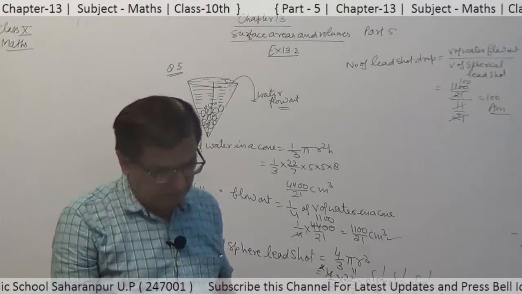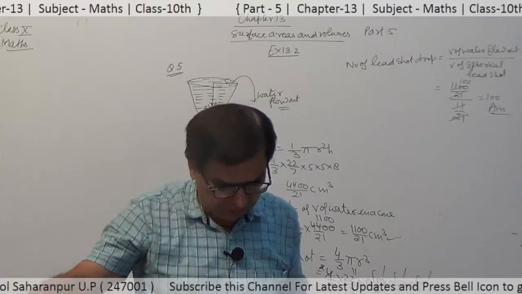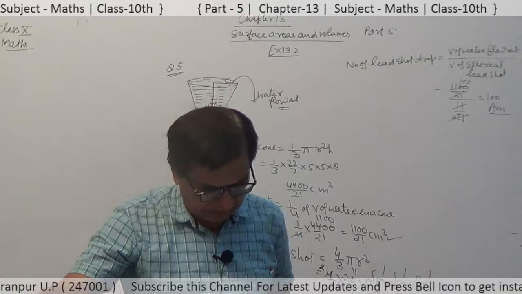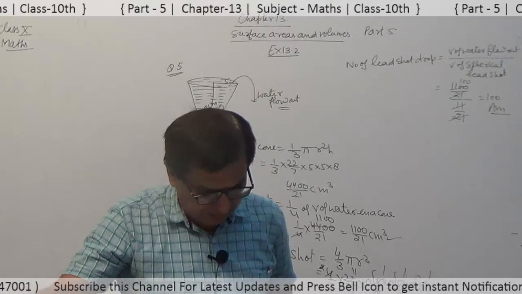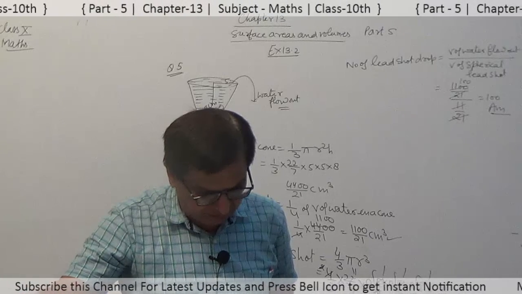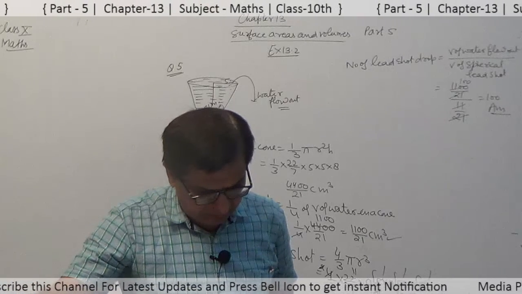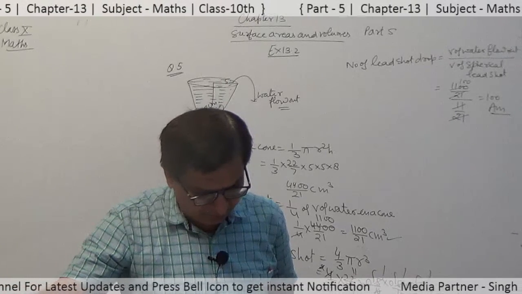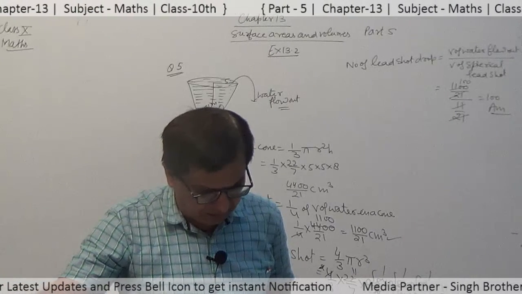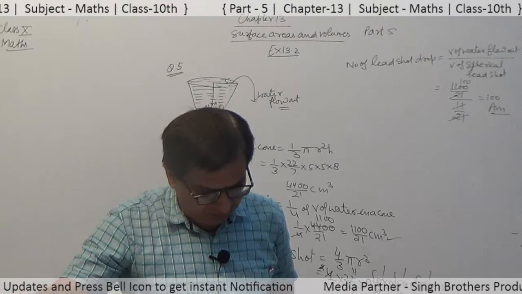The sixth question is a very simple question, you will do it yourself. Seventh question: a solid consists of a right cone of height 120 and radius 60 standing on a hemisphere of radius 60.